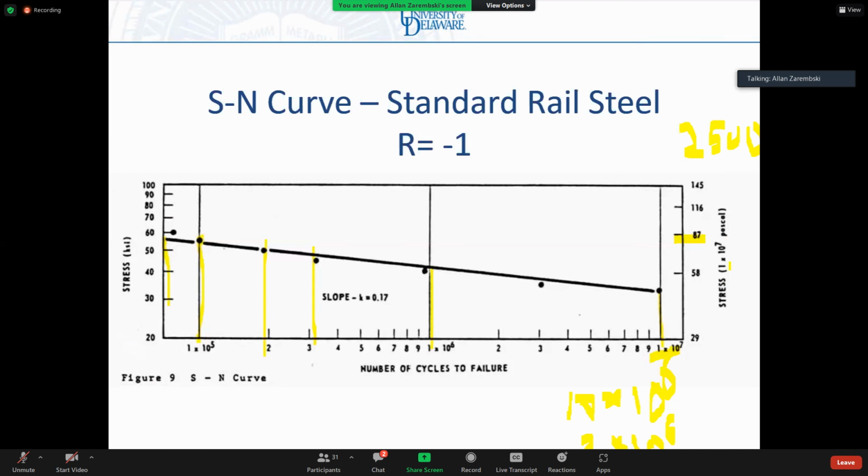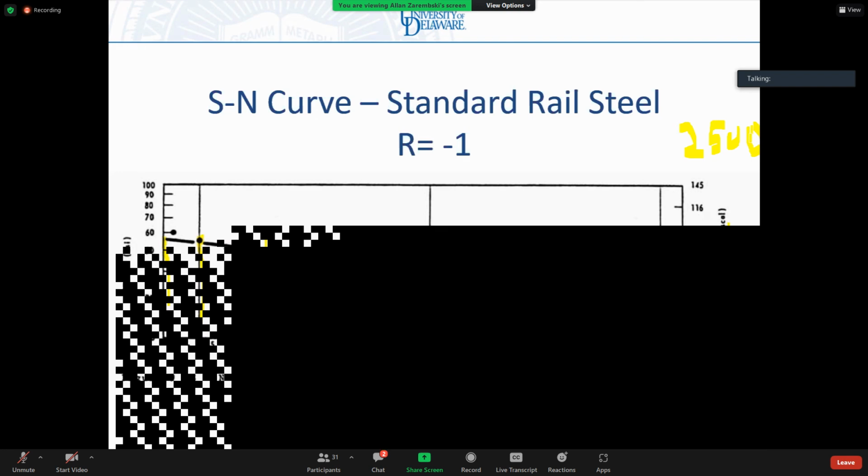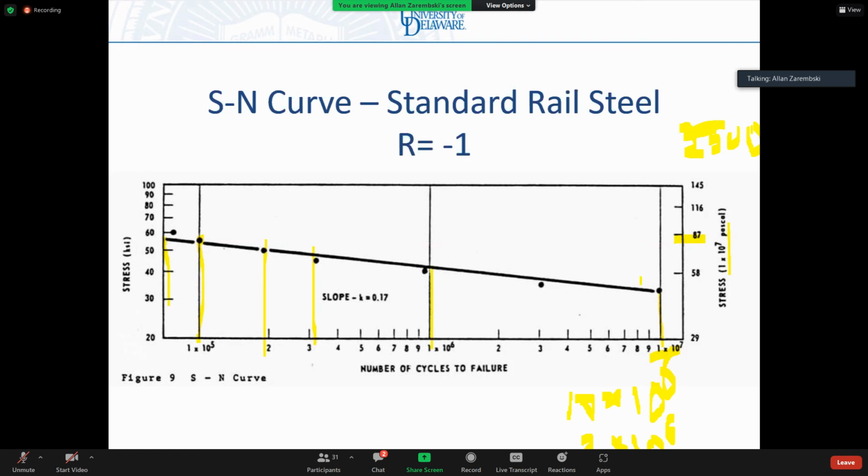Let me get my units right. This is 1 times 10 to the 7th. So this over here translates into 870 megapascals. That should be right.